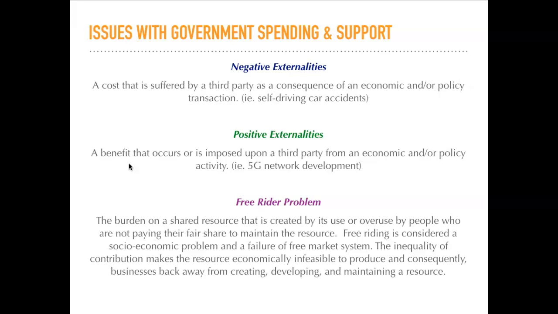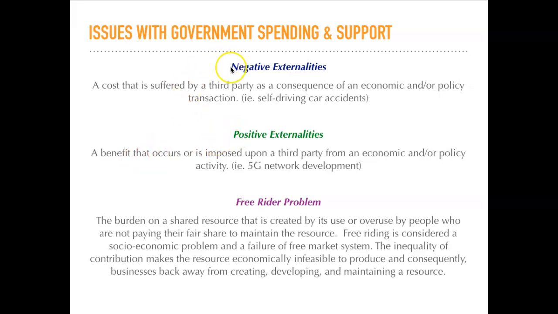It's considered a positive externality because even though we as consumers and individuals are not paying directly into it, our tax dollars that are collected by the government are being used in order to benefit widely everyone who is using telecoms in the state. So that is an example of a positive externality.